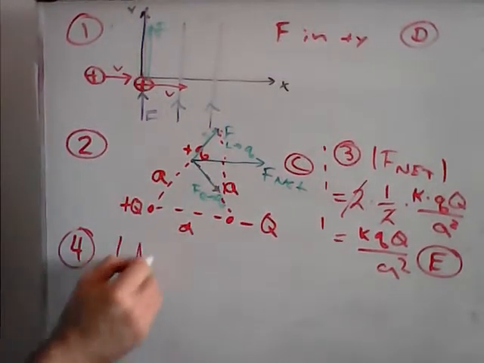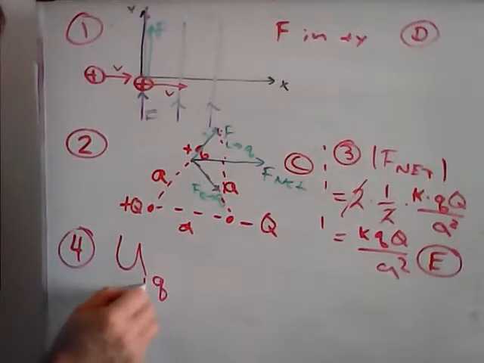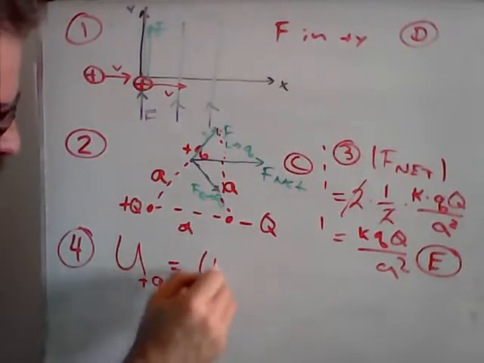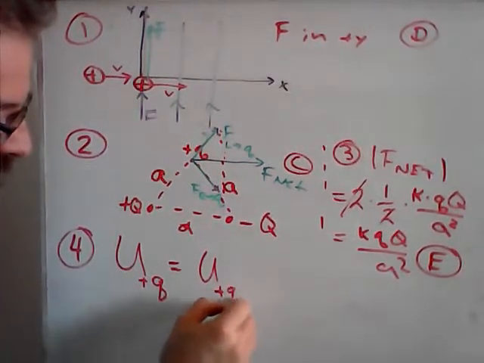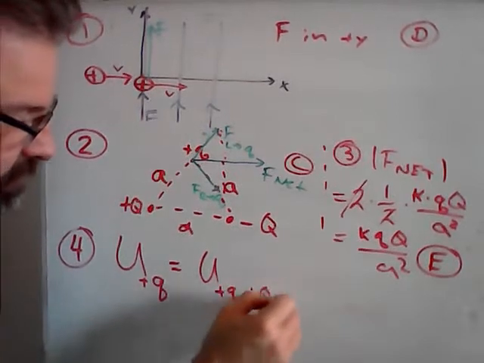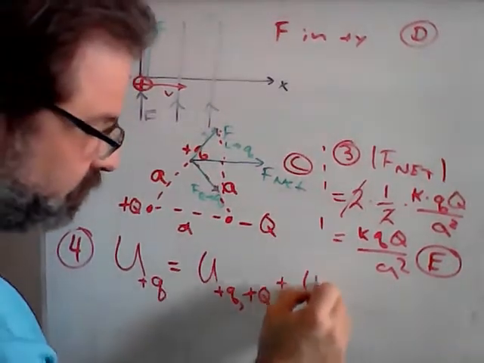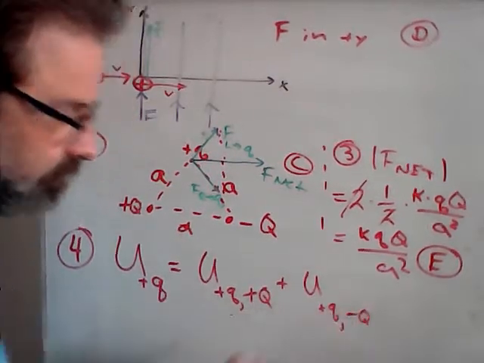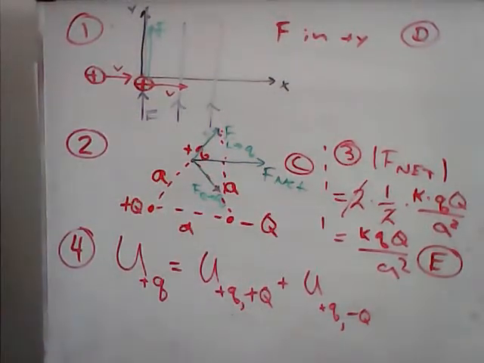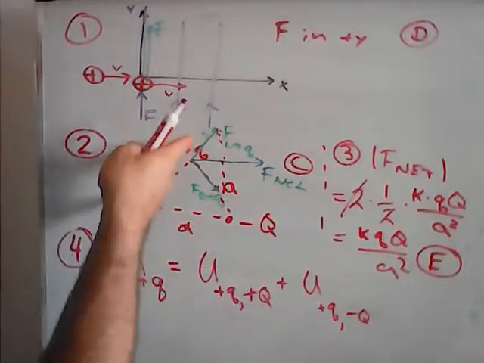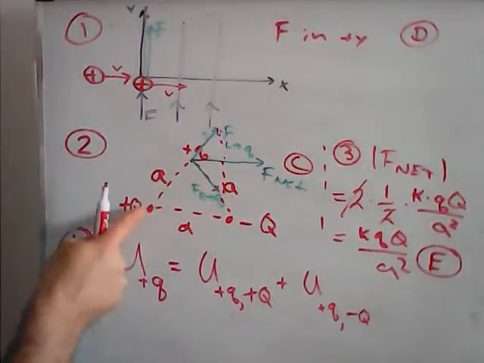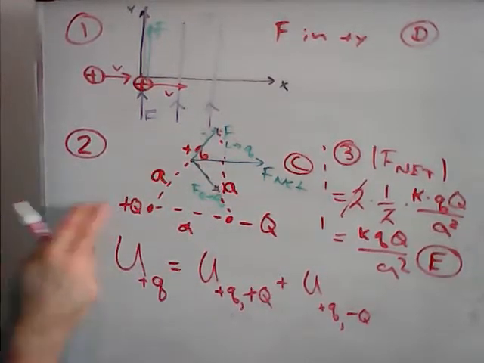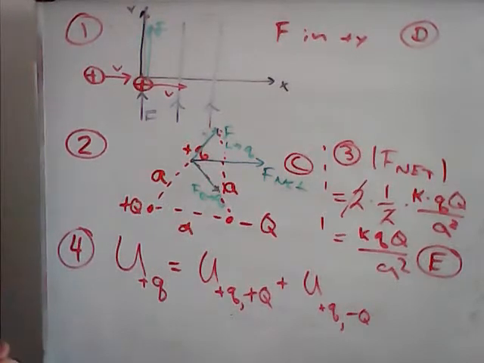So U associated with plus Q, we're going to do it this way. Potential energy, well, that's equal to U plus Q plus big Q plus U plus Q minus Q. Well, hello, that's interesting. Because if you look at these pairs, they have the same distance, A, they have the same magnitudes of charges, but there's a sign difference here, okay?